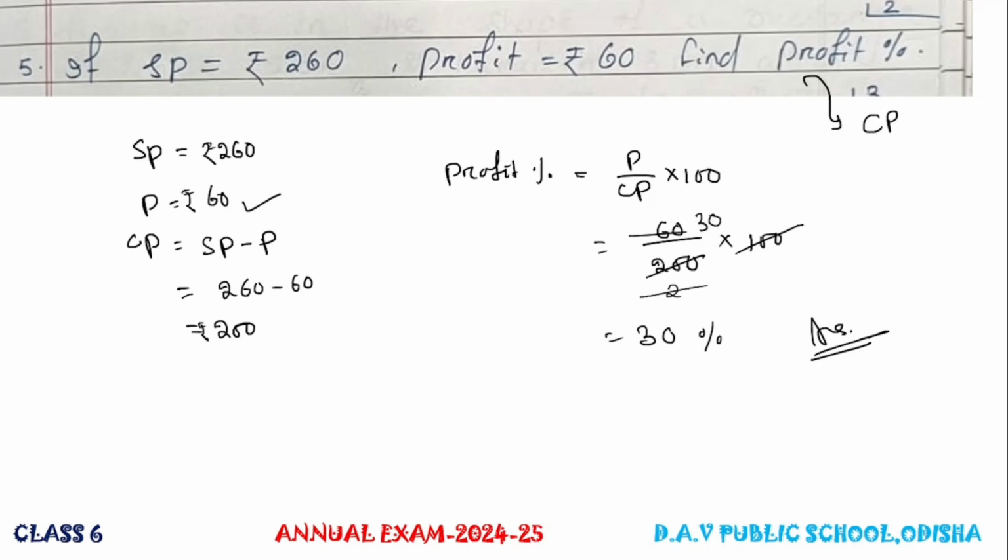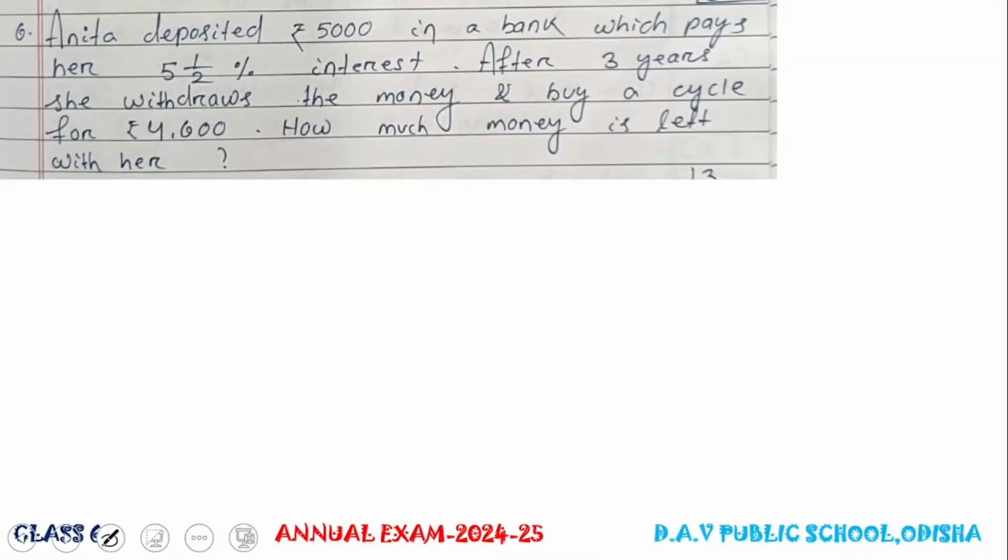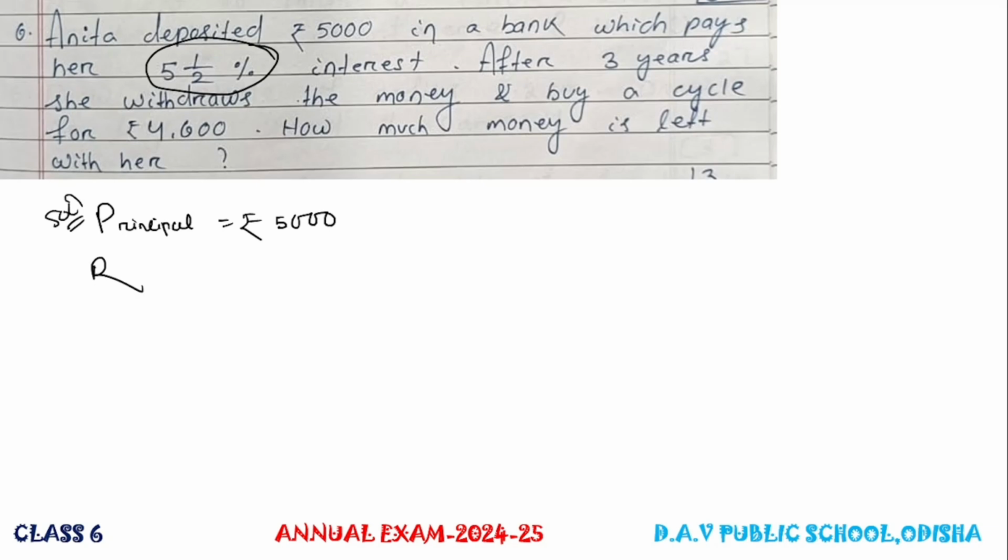Now next question. The deposit means principal. So write down principal equal to rupees 5,000, which pays a rate of interest that is given. So write down R equal to 5 whole 1/2 percentage per annum, or you can write 11/2 percentage when you convert it into an improper fraction.